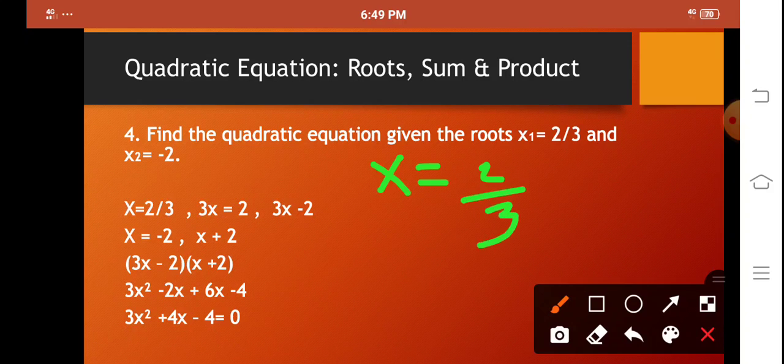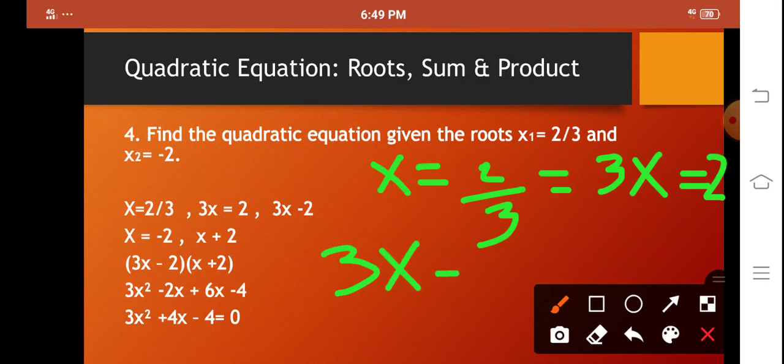So by multiplicative inverse, we get 3x is equal to 2. Then by additive inverse, we get 3x minus 2 is equal to 0.